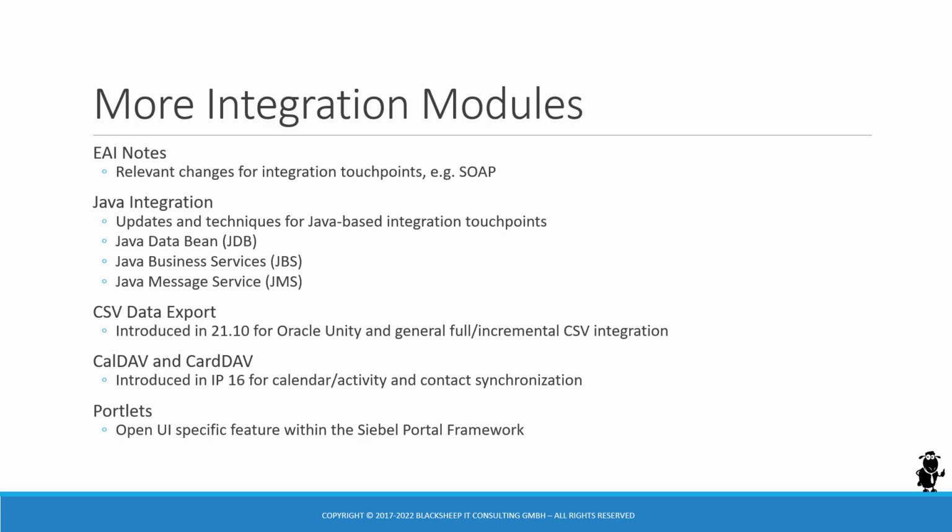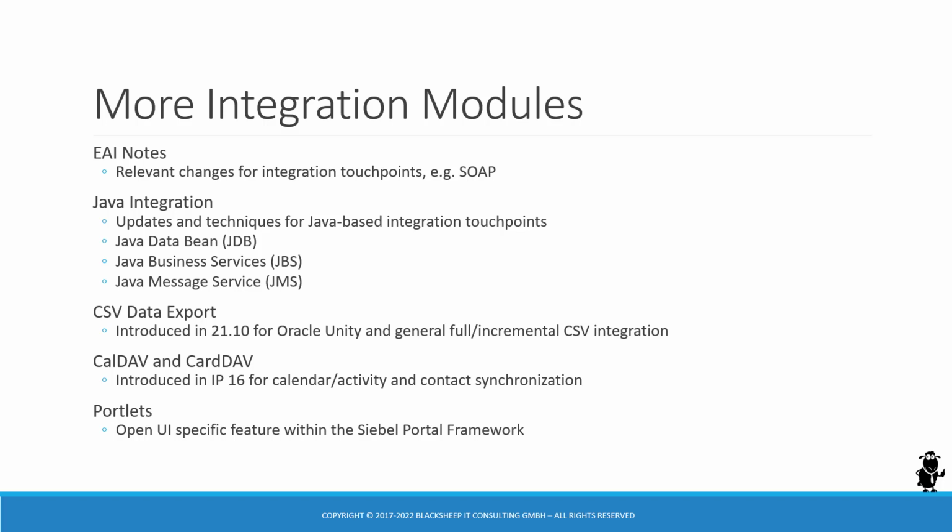There's a whole chapter on all the Java integration techniques that might or might not have been updated so much, but they are always touched by the new architecture, such as Java Data Bean, Java Business Services, or Java Message Service, JMS integration.